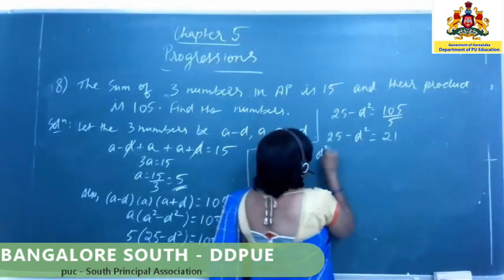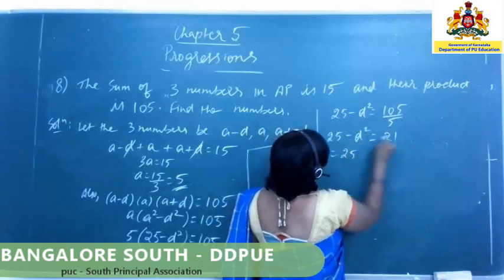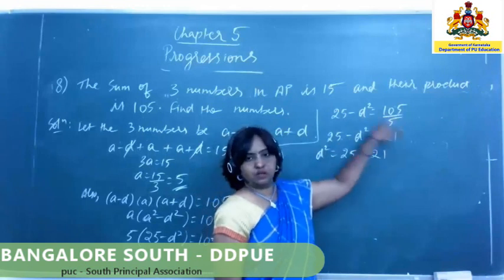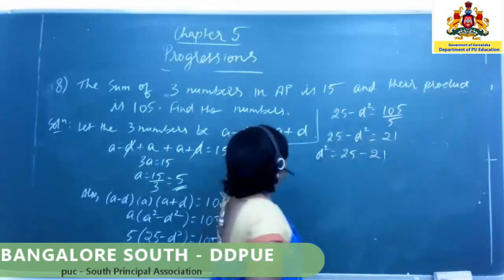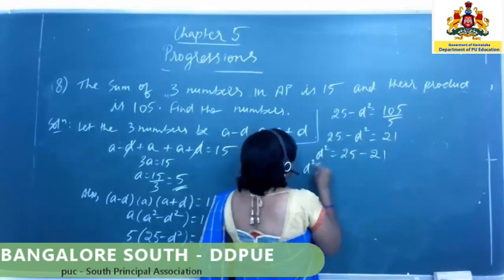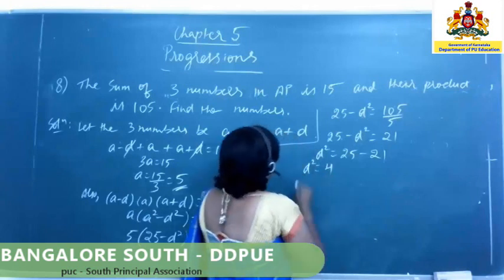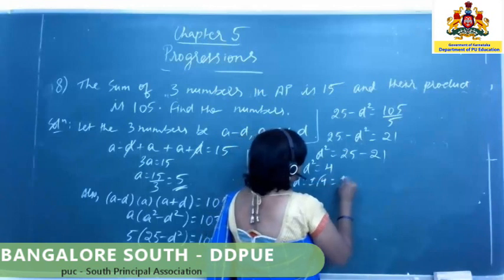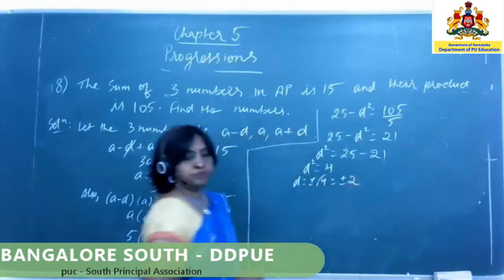So d square is equal to 25 minus 21. So d square, you bring it to RHS, 21 to LHS. So d square is equal to 4. d is equal to plus or minus root 4, that is equal to plus or minus 2.